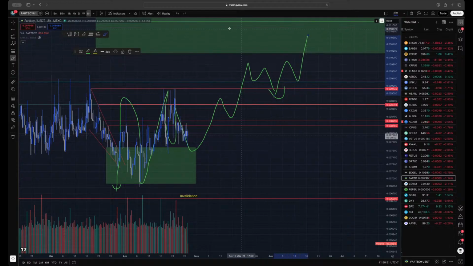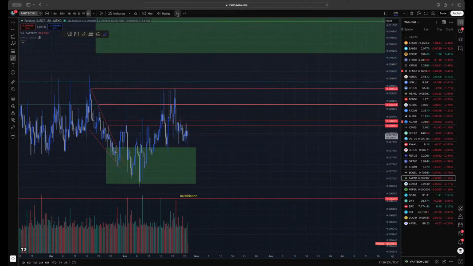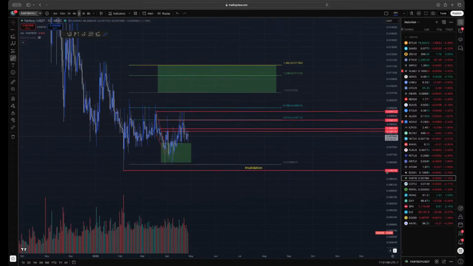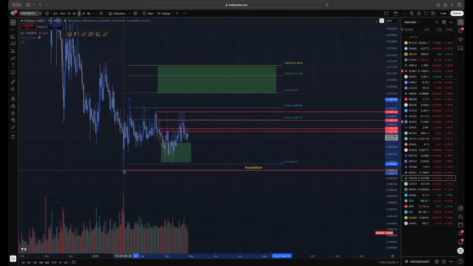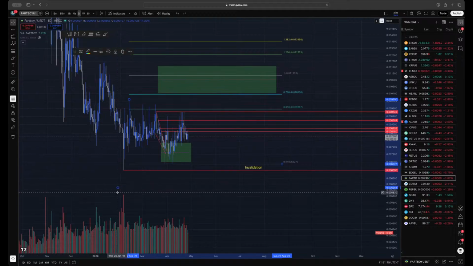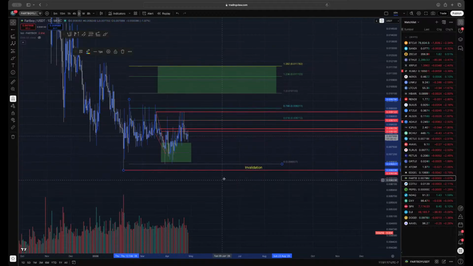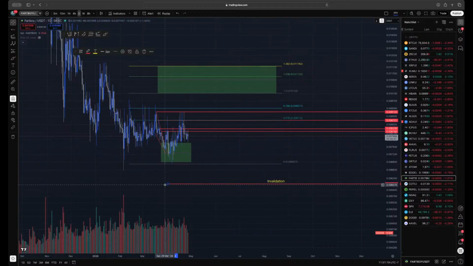It not only is aligning my bias of upside with structure, the Fibonacci targets, it has multiple confluences giving us that leg to the upside if invalidation can hold. And to be honest with you at this point, excuse my click here, let me fix that. To be honest with you at this point, I would rather move invalidation up to protect my profits, right?